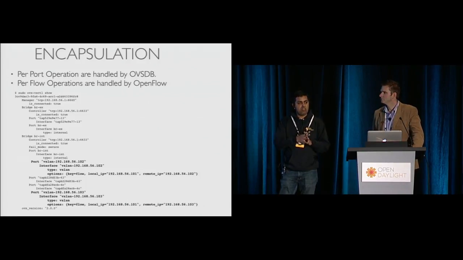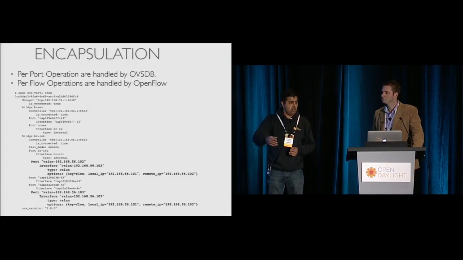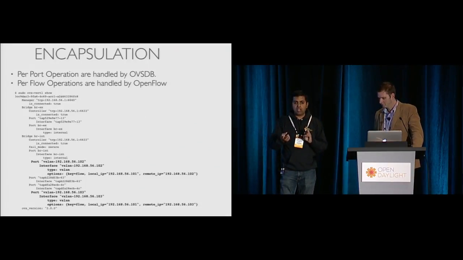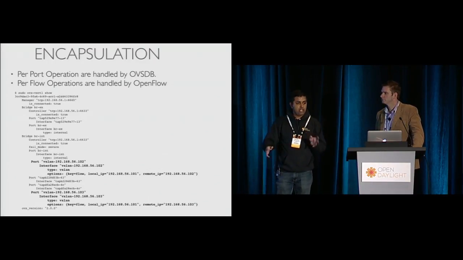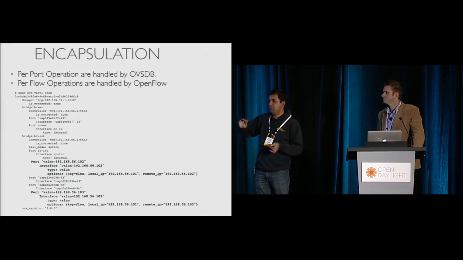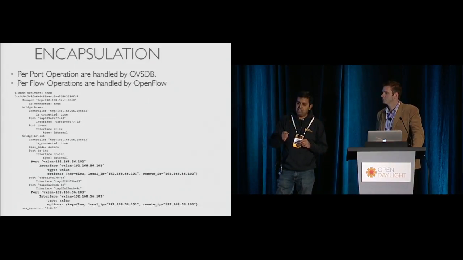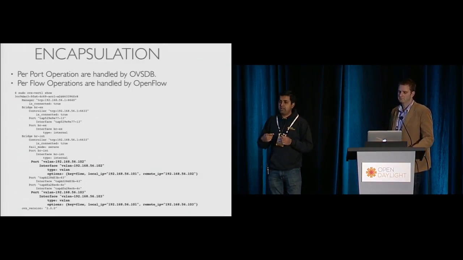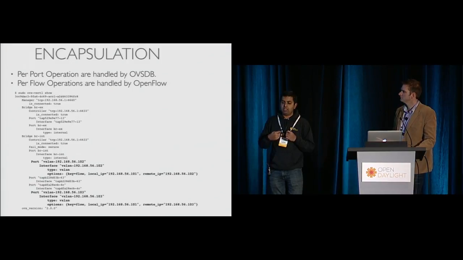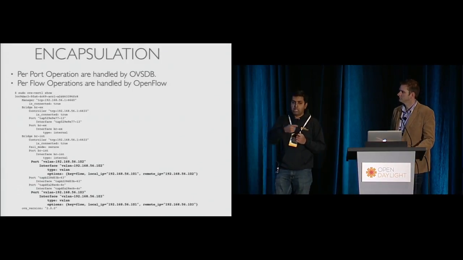Even in the OVSDB Neutron implementation that we did recently for the Hydrogen release, you'll see two different implementations. One with OpenFlow 1.0, where you will not see this kind of overlay. The overlay will be more two nodes, with each tunnel per tenant. With OpenFlow 1.3, it supports the key equals flow, the one he's talking about, where we can pass a GRE key on the pipeline, and OpenFlow can take that and rewrite it.